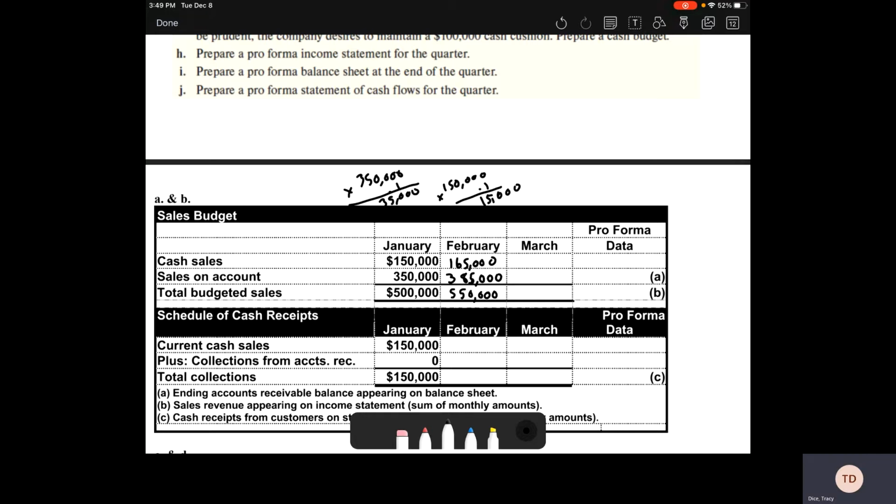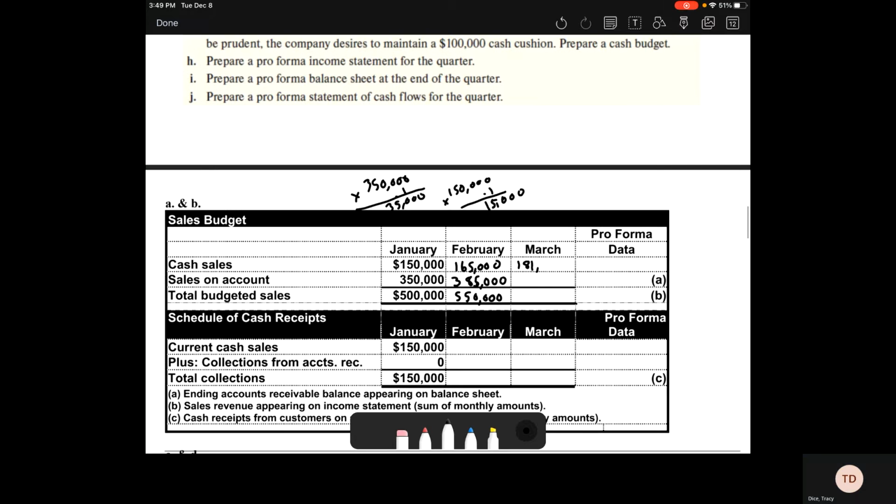And then repeat that process for March. So we're going to take that 165 times 0.1, which gives us 16,500. Add that to the 165, and we get 181,500. Same process for the 385,000.